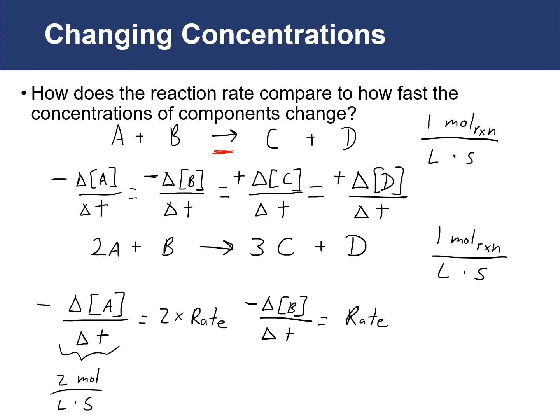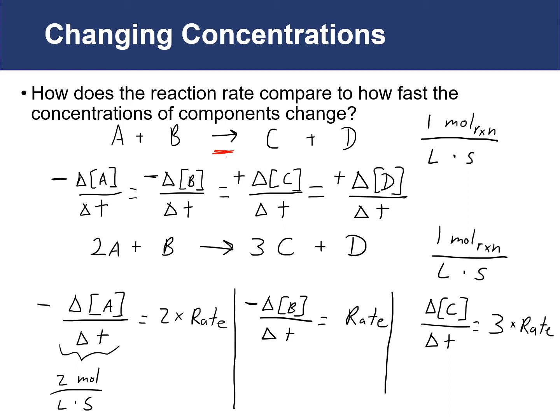B is going away at 1 mole per liter per second because each time it goes across the arrow, 1 B goes with it. Our value for C would be, each time the reaction occurs, 3 C are being formed. So the rate of formation, how fast the concentration of C is changing with time, is equal to 3 times the rate.